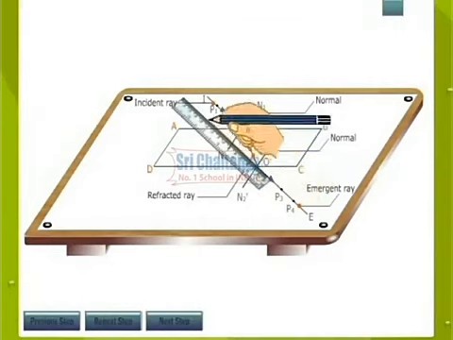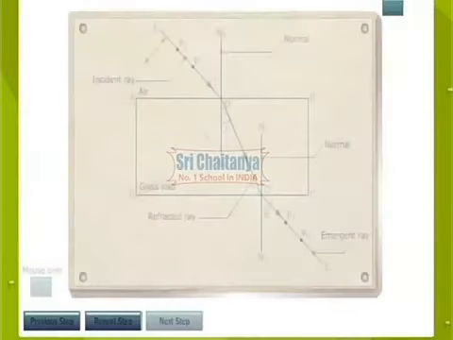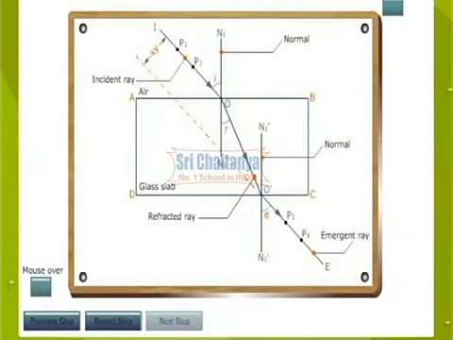Extend O'(E) backwards. We observe that the emergent ray is parallel to the incident ray. The above experiment shows that when a ray of light is passing from air to glass, that is, from a rarer medium to a denser medium, the refracted ray bends towards the normal drawn at the point of incidence.